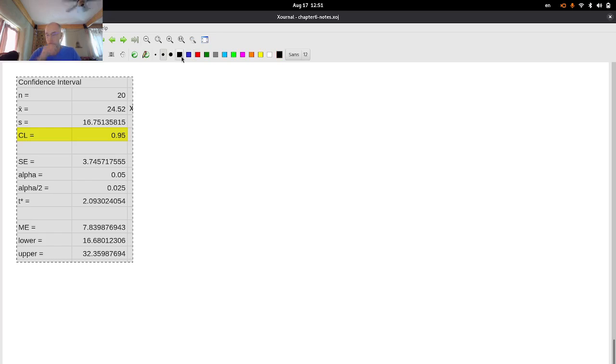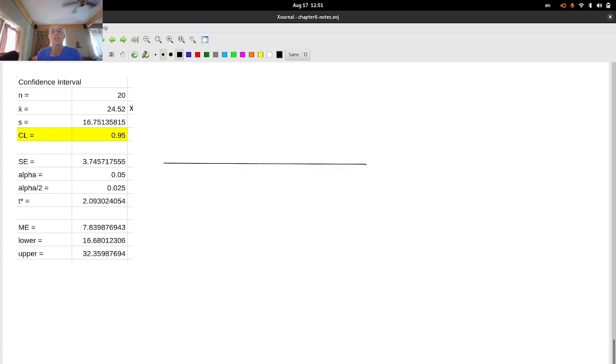All right, so I'm going to sketch the sampling distribution and then state what it means. So my sampling distribution is a bell-shaped curve. StatKey looks funny, but we smooth it out.